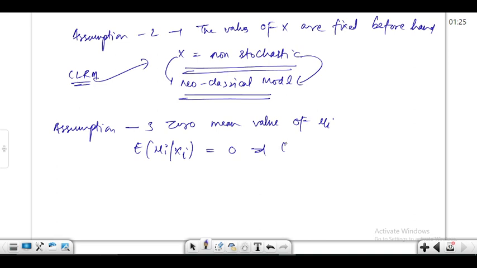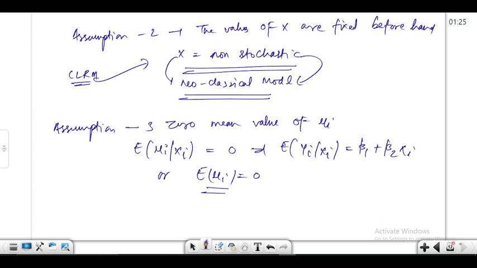This also implies E of yi given xi is equal to beta 1 plus beta 2 xi, because this term becomes 0. Or simply we can write E of ui is equal to 0. No matter what the value of xi, my ui is equal to 0, right? For that xi. So it means that overall, for any xi, my ui in general is equal to 0, right?